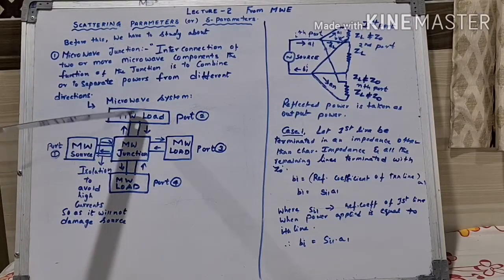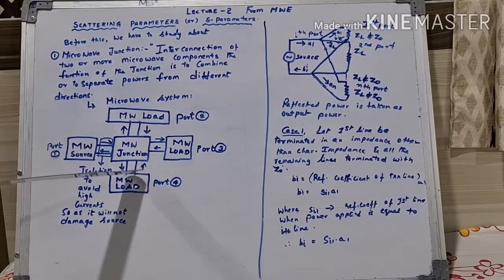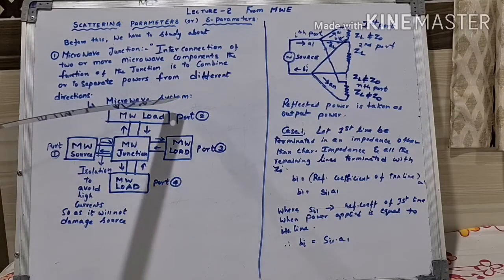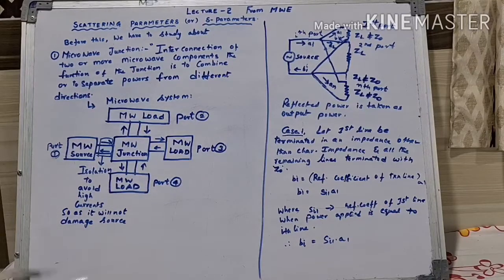It contains two loads here and here, one more load is connected at port 3, and microwave load is connected at port 2 and port 4, and at port 1 is the microwave source, meaning where the power will be coming.